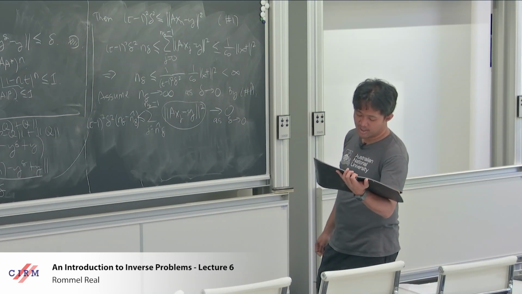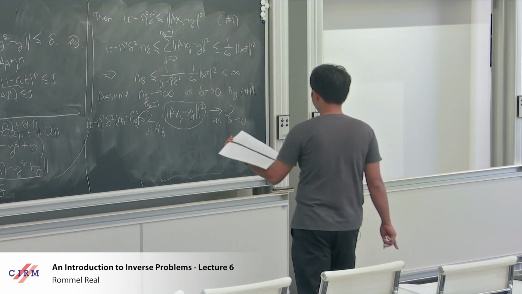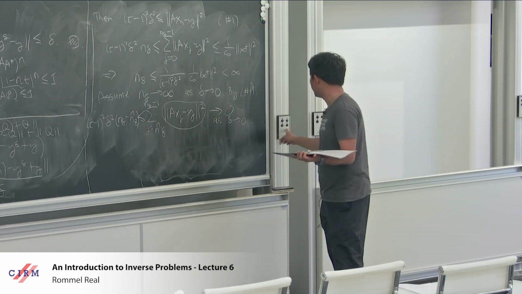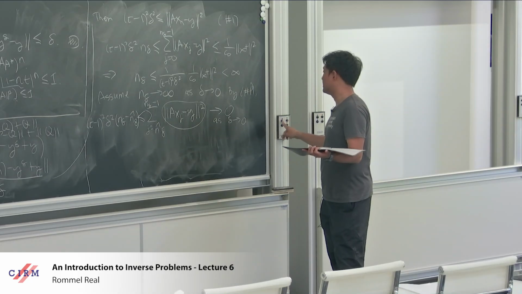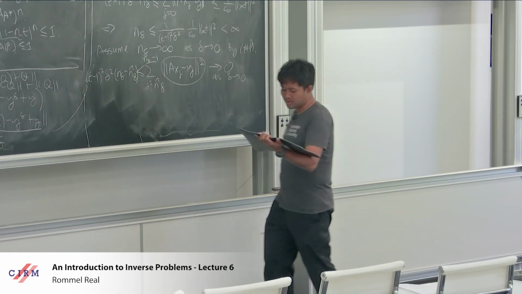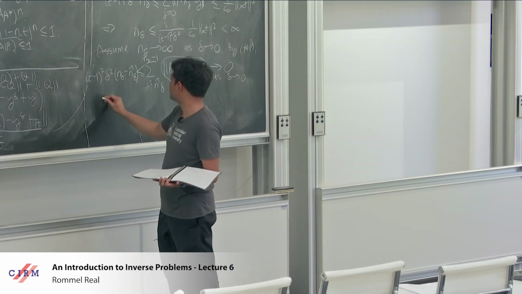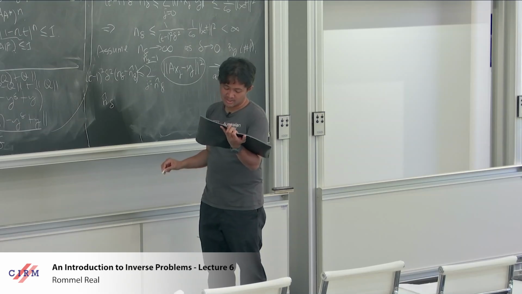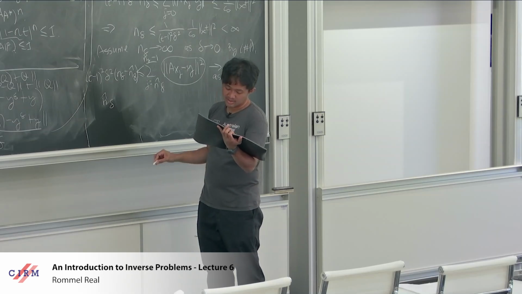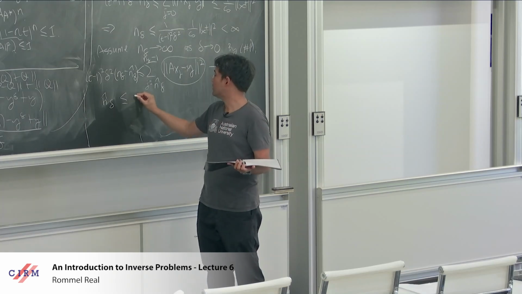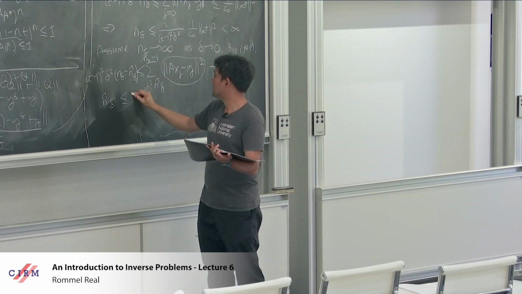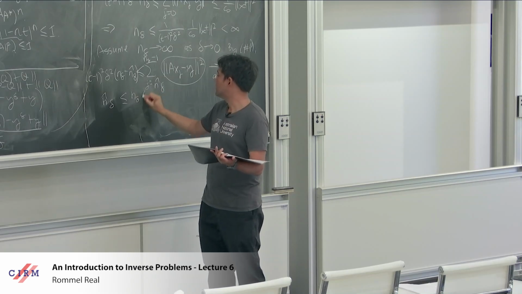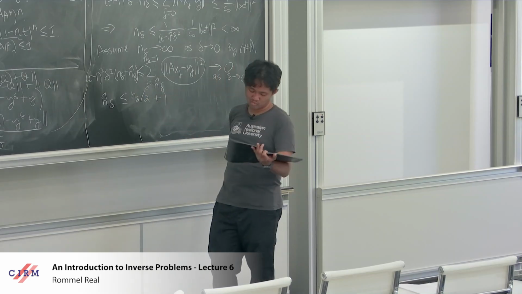And note by our choice of n hat delta there, note n hat delta is less than or equal to n sub delta over 2 plus 1, right?